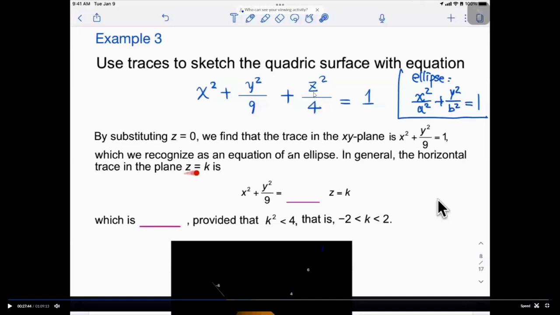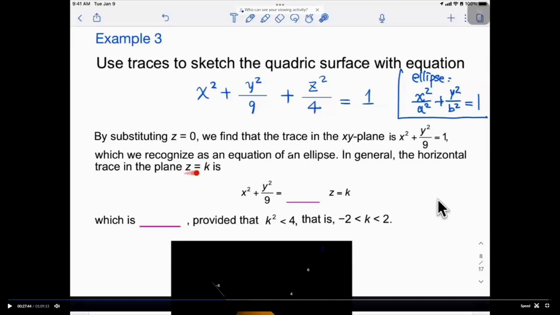Now, in general, consider the horizontal trace in the plane z equals k. Suppose you substitute z equal to k, then what kind of equation do you get? So now you have x squared plus y squared over 9 plus, now we substitute z to be k, k squared over 4 equal to 1.